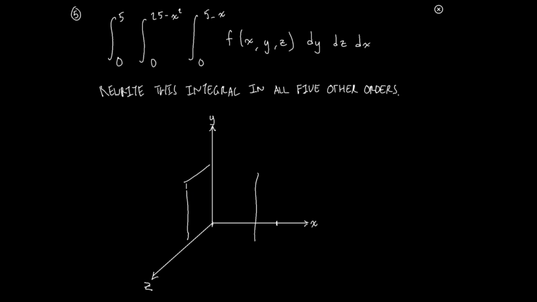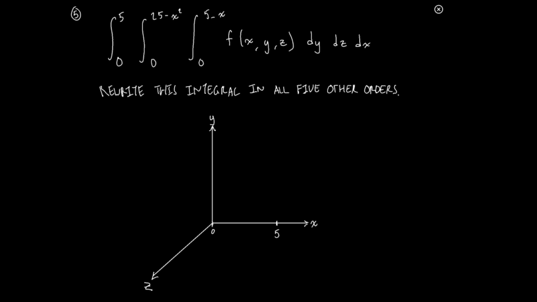You've got planes at x equals 5 and at x equals 0, and everything is sandwiched between those two planes. We're just going to draw this: x equals 5, x equals 0. All right.